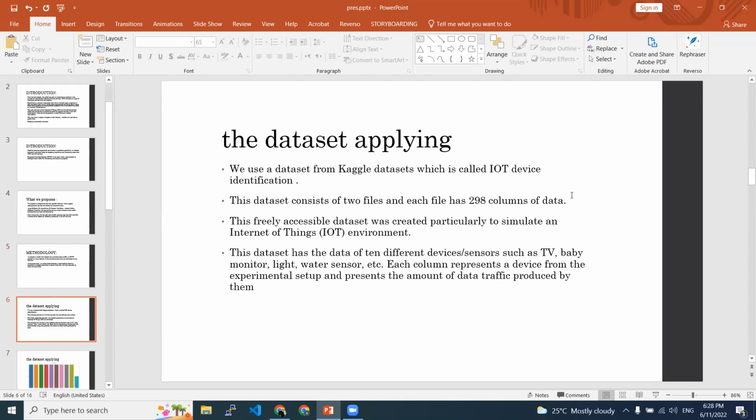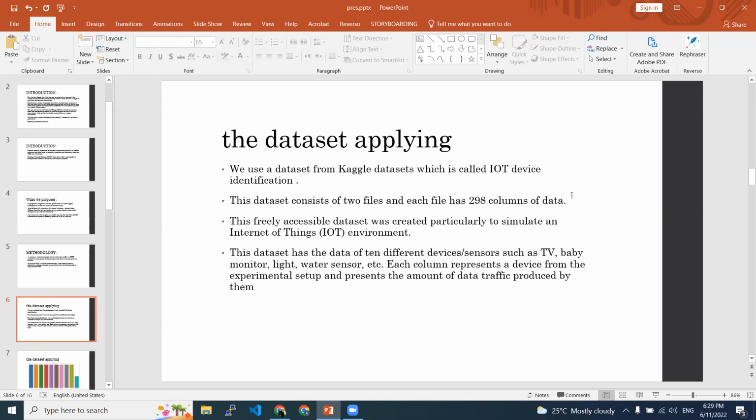The data set we apply is from Kaggle datasets, called IoT devices identification. This data set consists of 2 files, and each file has more than 250 columns of data. This freely available data was created particularly to simulate an IoT environment.